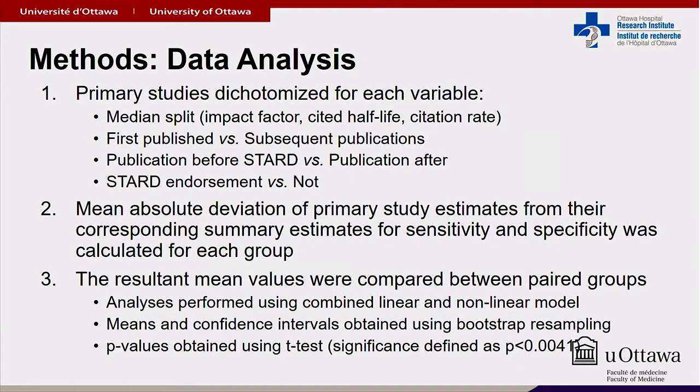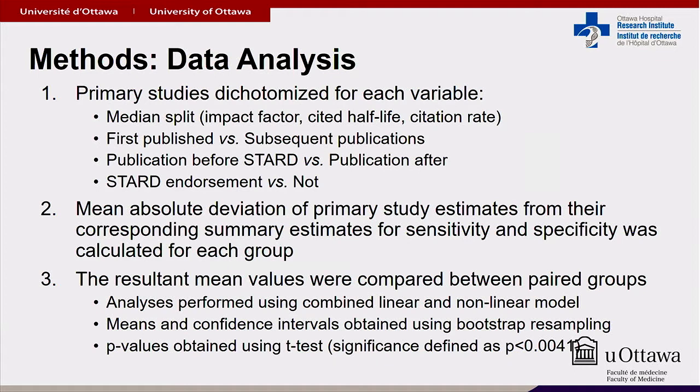For our analysis, the first thing we did was divide all the primary studies into 2 groups on the basis of each variable. For the quantitative variables, we dichotomized by median split. For the remaining variables, we divided as first versus subsequent publications, publication before versus after STARD, or STARD endorsement versus not.